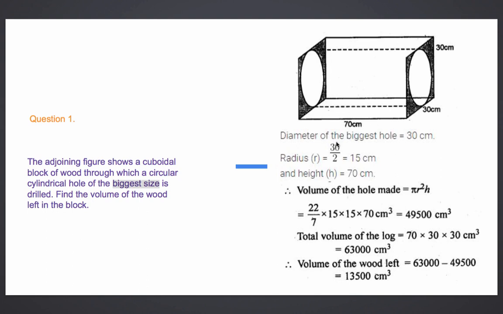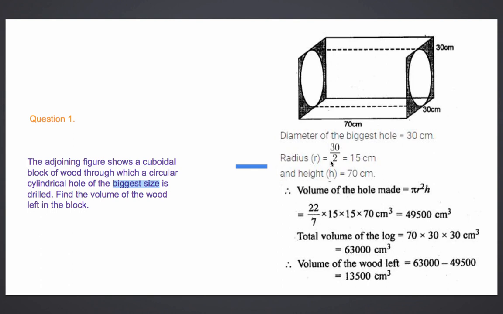So we can conclude from the figure itself and this important biggest size that the diameter of this cylinder will be 30 centimeter, which means the radius will be half of that, 15 centimeter, and the height of the cylinder will be the same as that of this particular side of the cuboidal block, that is 70 centimeter.